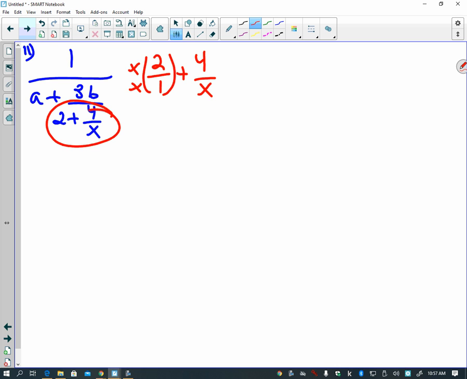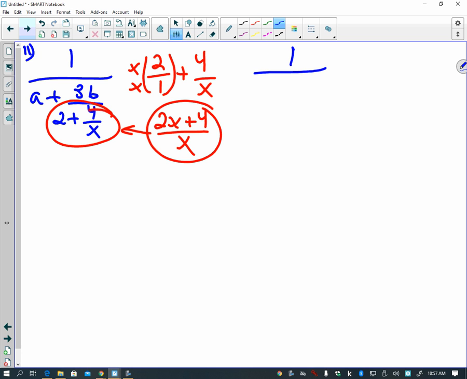So that's giving me 2x plus 4 over x. And we take that and we substitute it in for this, correct? Because it's equivalent. So I'm going to rewrite as 1 over a plus 3b over 2x plus 4 over x.